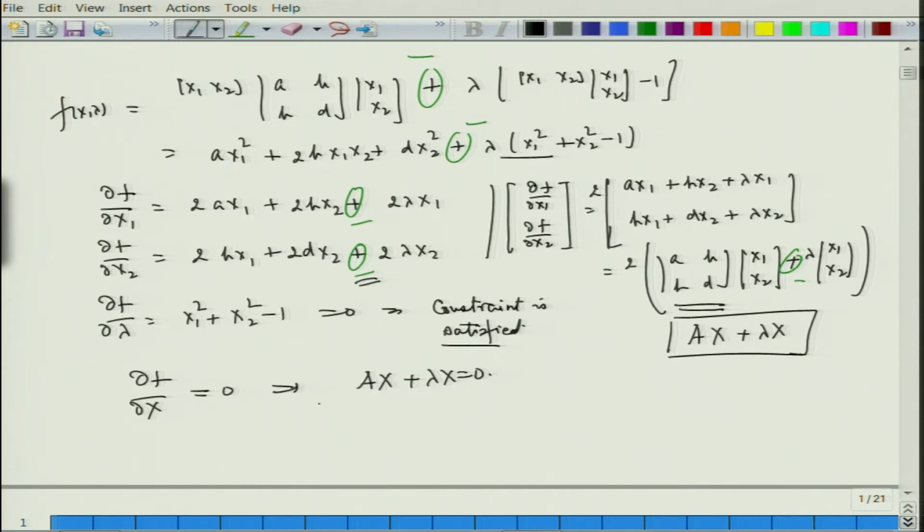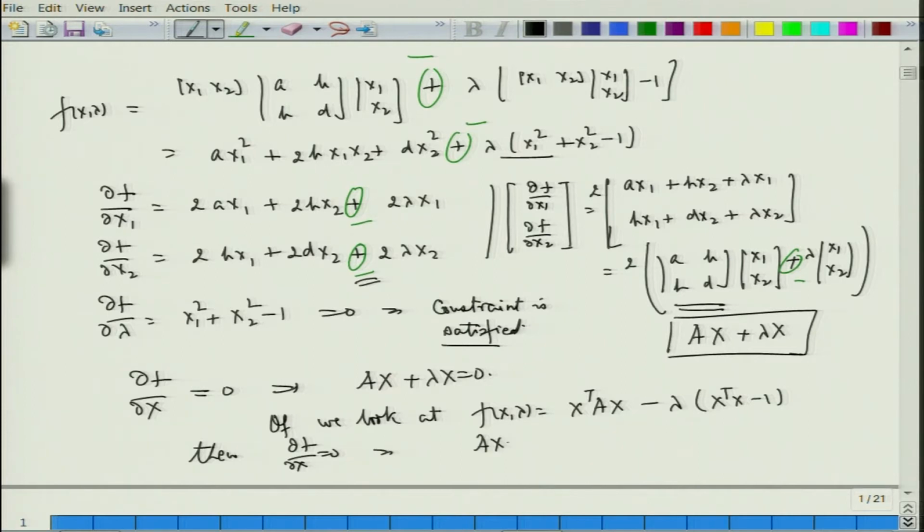So if f of x and lambda is x transpose Ax minus lambda times (x transpose x minus 1), then del f by del x equal to 0 implies Ax minus lambda x should be 0, which is the same thing as saying that Ax is equal to lambda x.